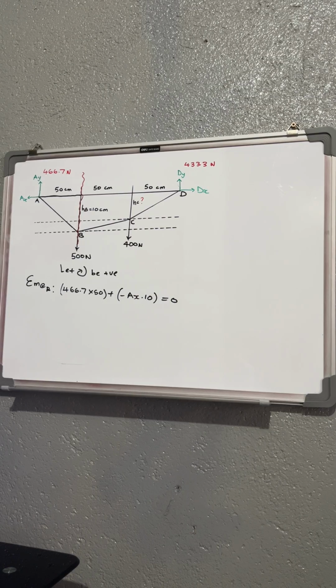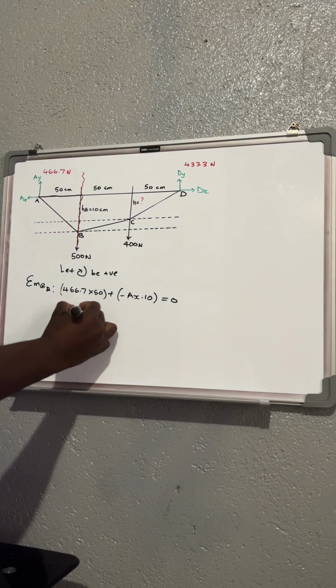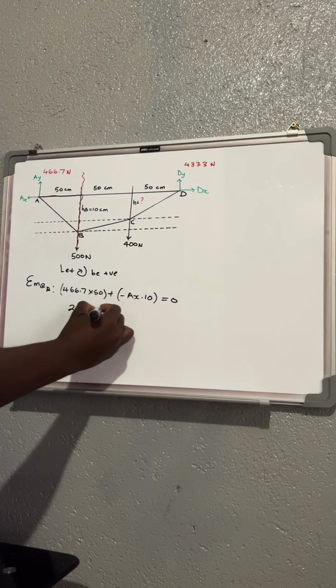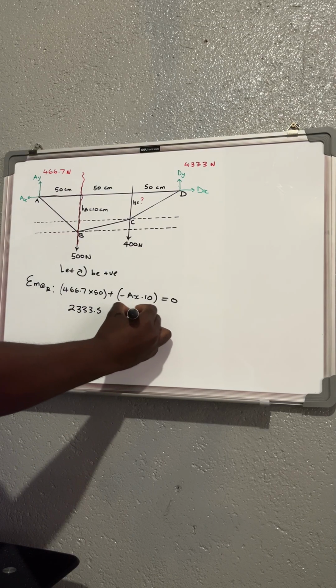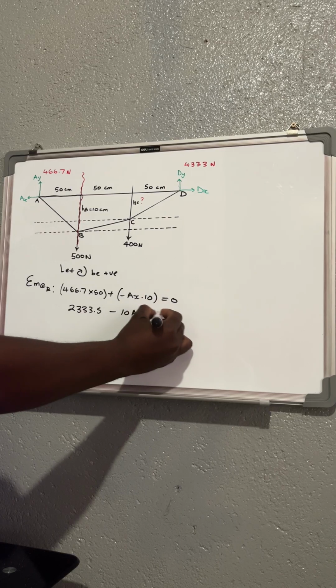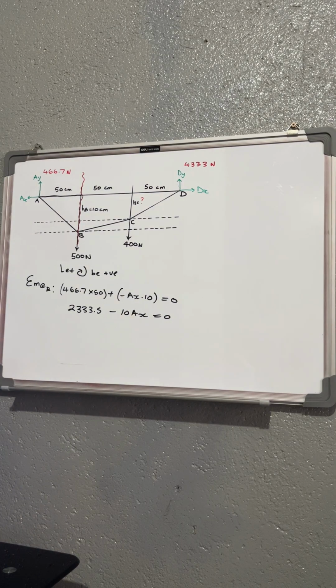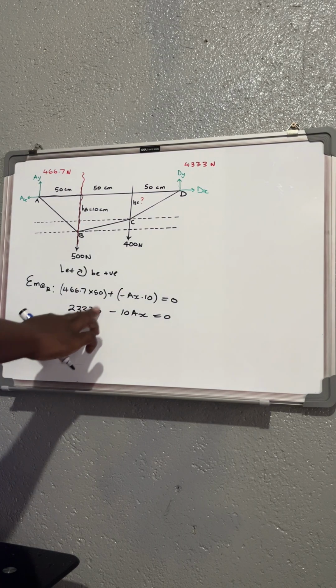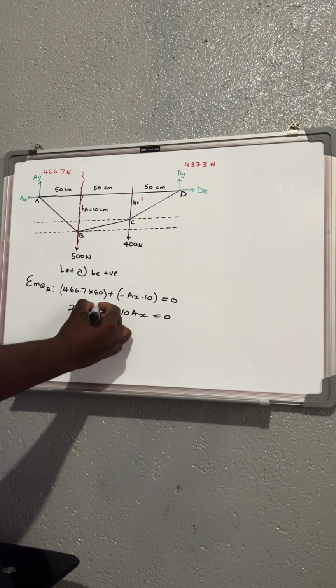Then what are we going to have? We will have 2333.5 minus 10 AX, and this would be equal to 0. Okay, so it's like this.